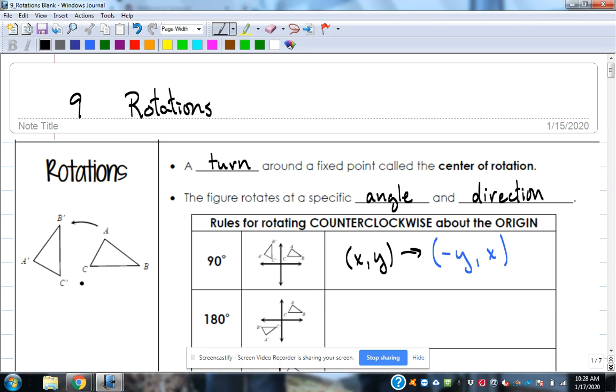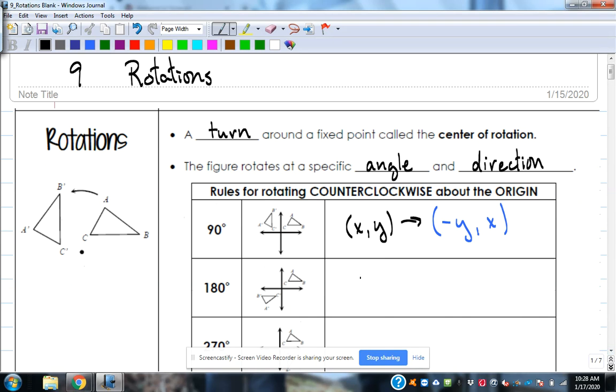And then 180 degrees takes X and Y, the original vertices or corners of the object you're rotating, and negates X and Y. That's all it does, it just changes their sign. The opposite of X and Y is a 180-degree rotation.